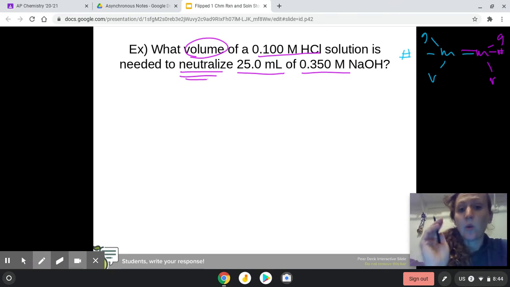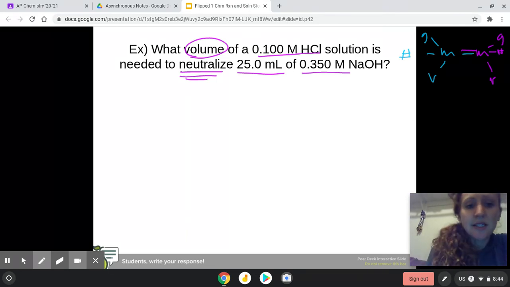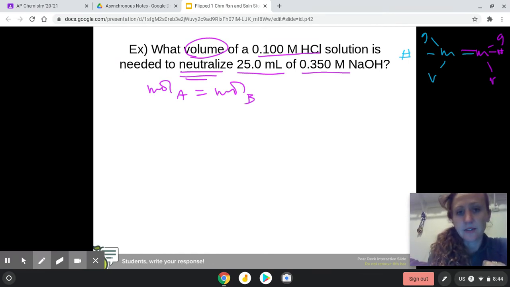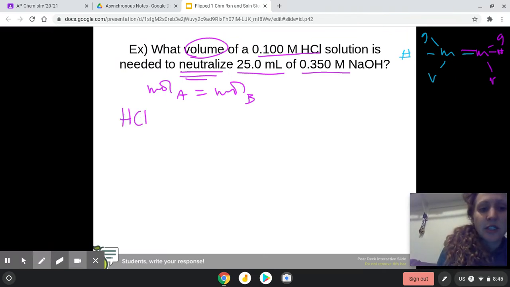When things are perfectly neutralized, the moles of acid are going to be equal to the moles of base. So if we can figure out one of these, then we know the other one. The first thing you should do is write out a reaction and balance it.